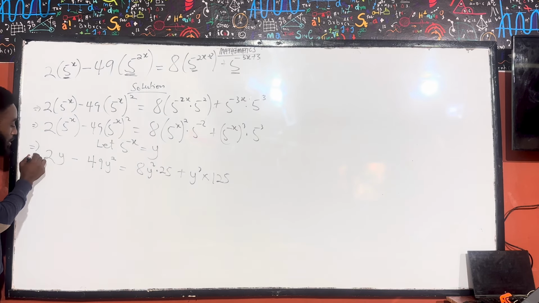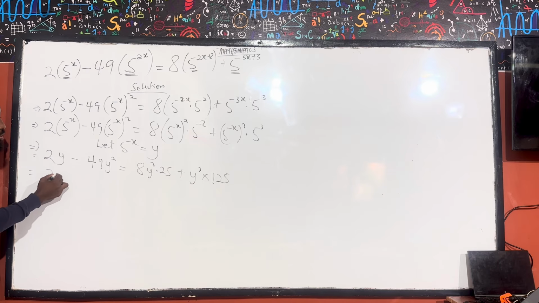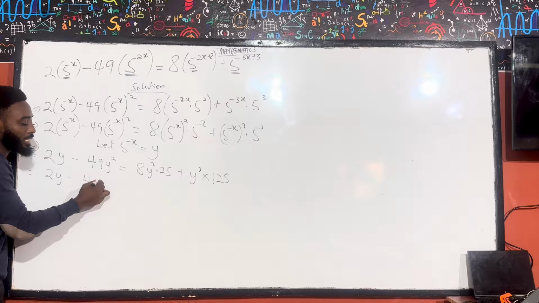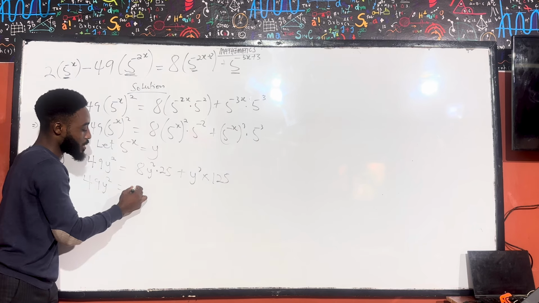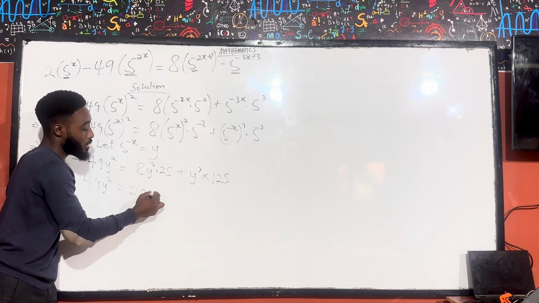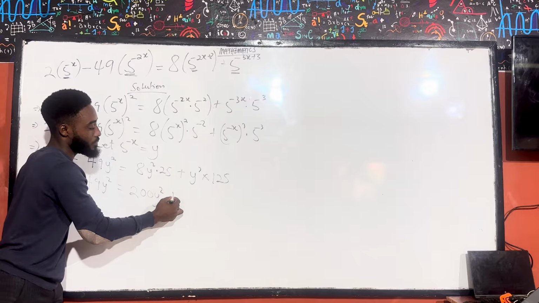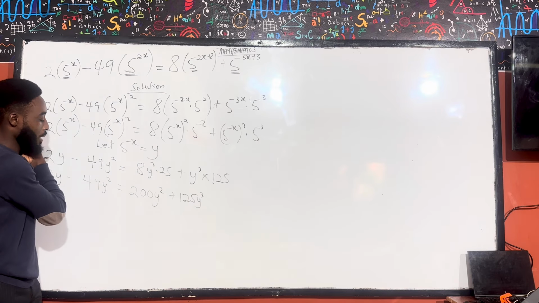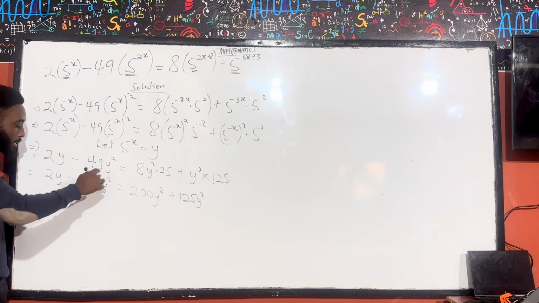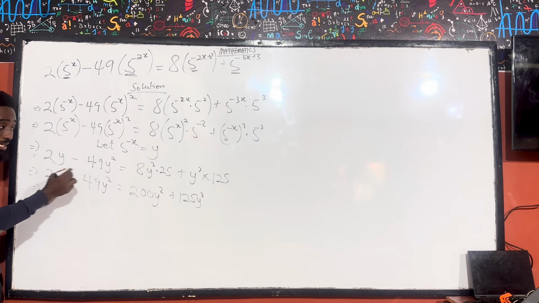So I'm going to have 2y minus 49y squared is equal to 8 times 25, which is 200y squared, plus 125y cubed. I can rearrange this to be a quadratic equation.